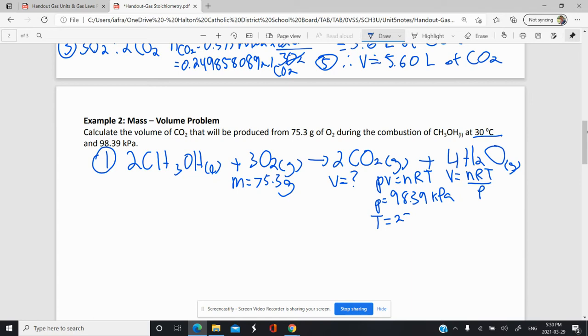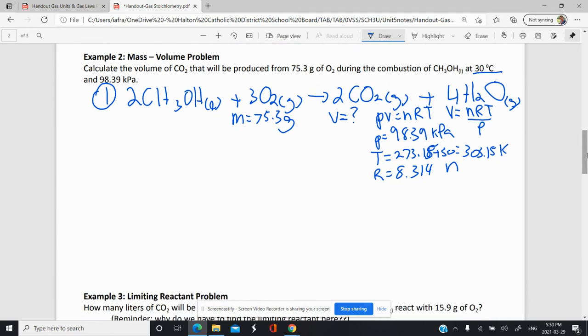So that's 273.15 plus 30, which gives you 303.15 Kelvin. We have our R constant as well, so that's 8.314, our gas law constant there. And really all we're looking for is the number of moles to be able to use this equation. And like I said, we can find that using the mole ratio for oxygen to carbon dioxide.